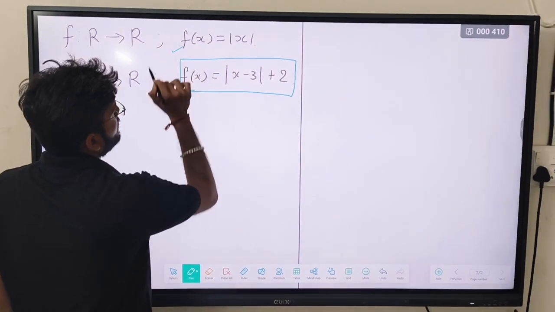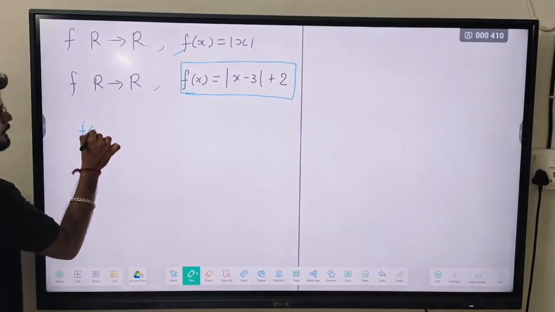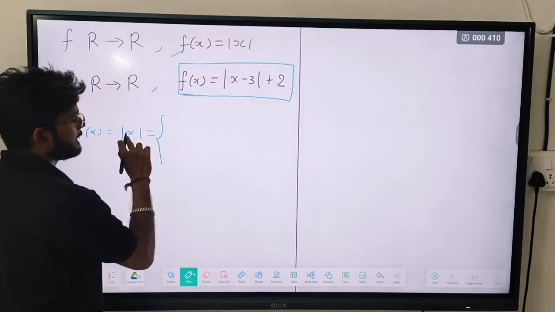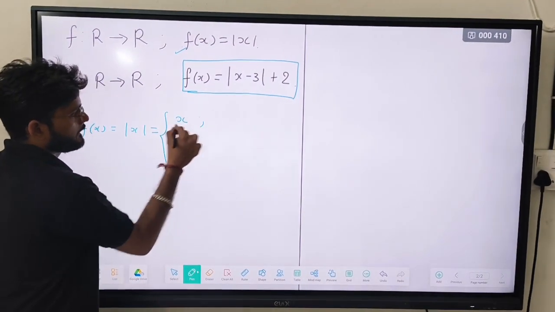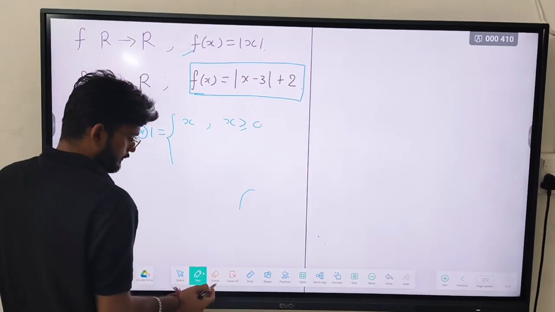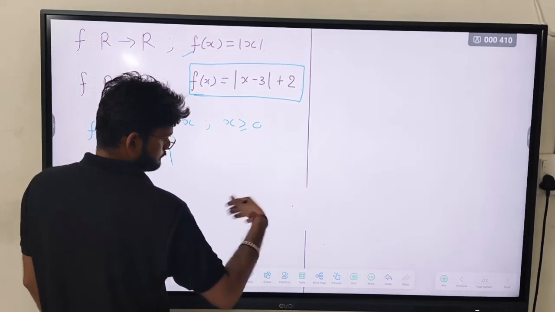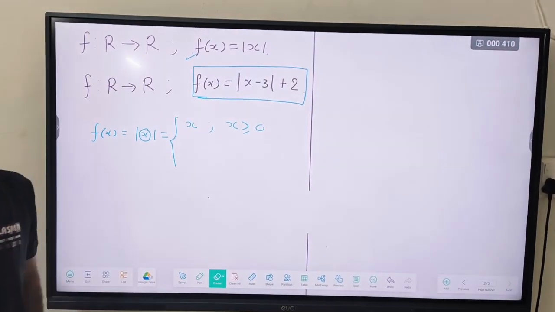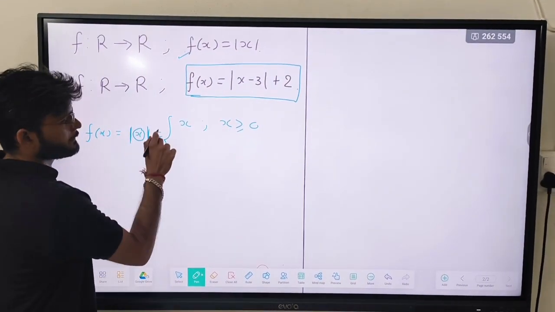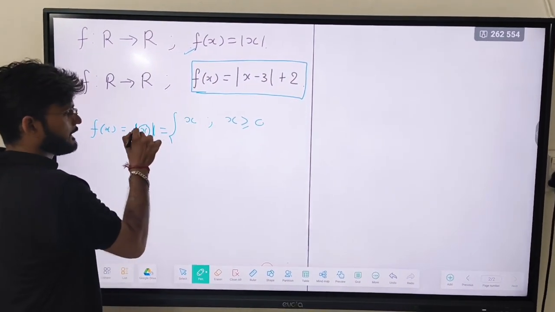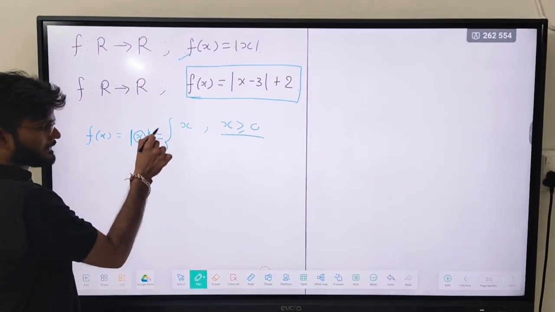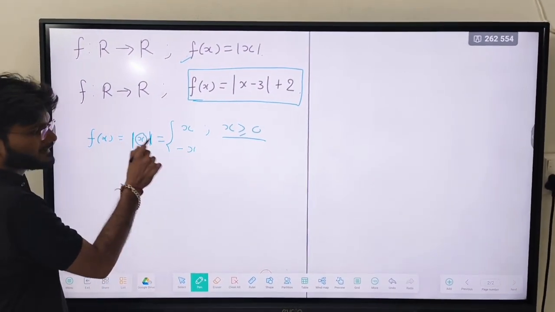Before that, let me tell you the function mod x can also be written as: mod x is equal to x if this inner value is greater than or equal to 0, and mod x is equal to minus x, right? When will the answer of mod x be minus x?